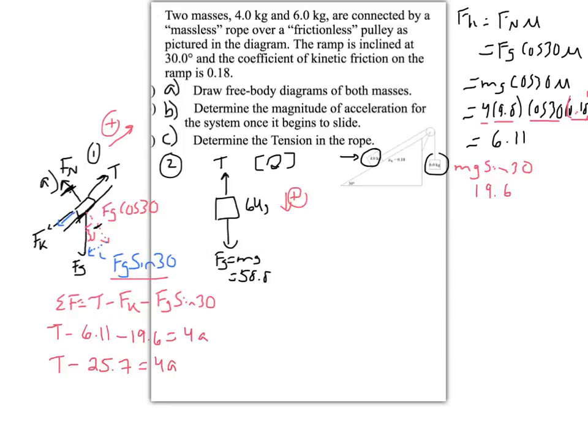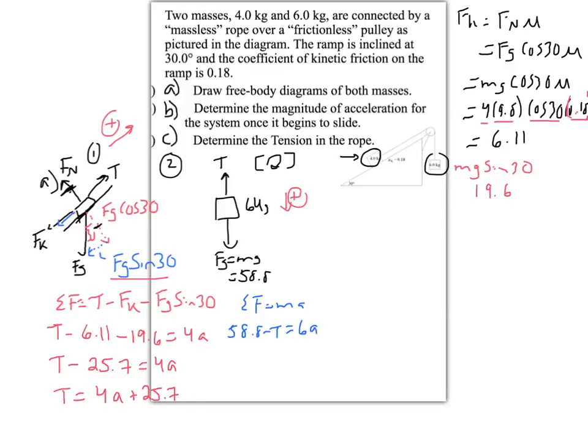And isolating for T, we get T equals 4a plus 25.7. The second equation here is a little simpler. Sum of our forces, ma. We know Fg is bigger, so we're going to say 58.8 minus T equals 6a.